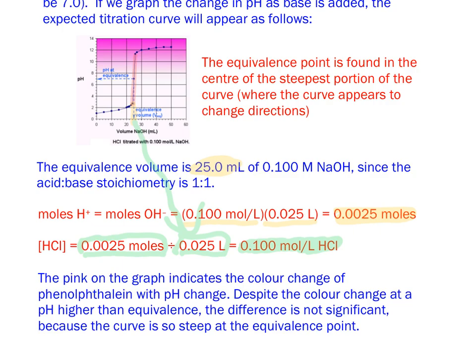So that also helps us because the solution turns pink at a pH of about 8.2. Because it's so steep, it's not going to be a big difference from your equivalence point.